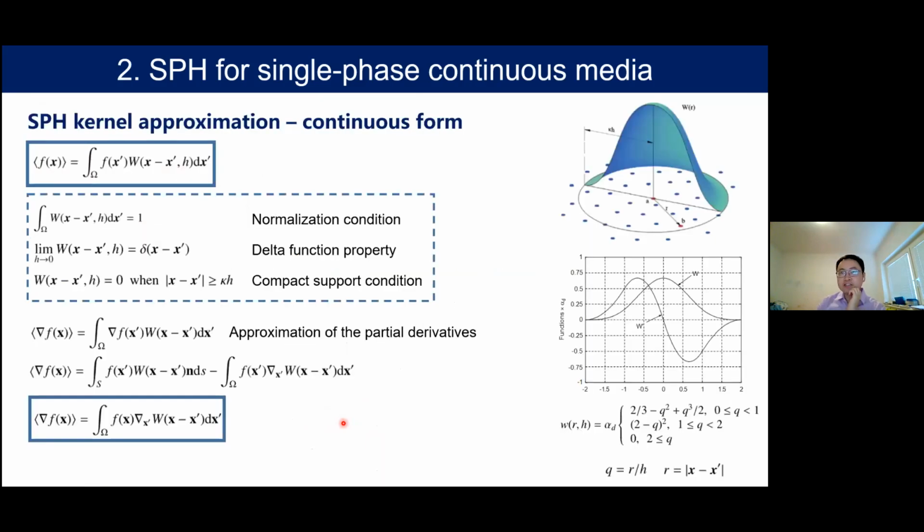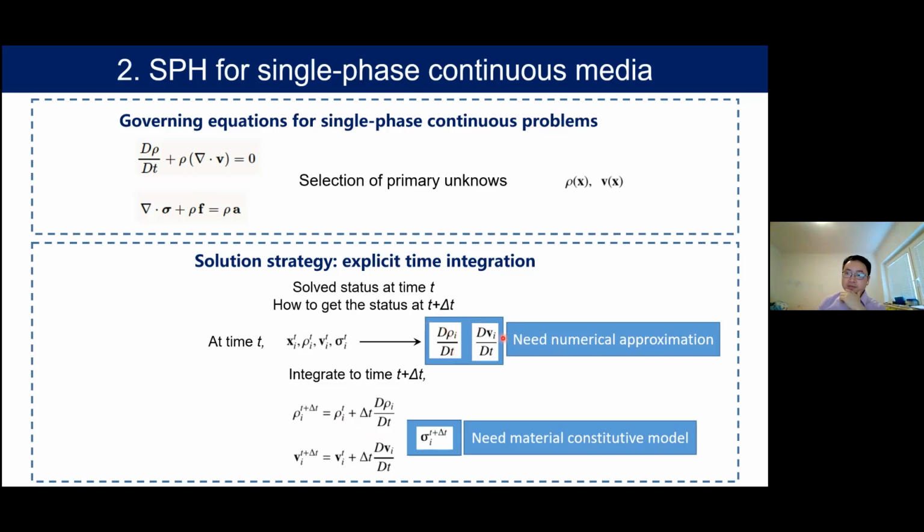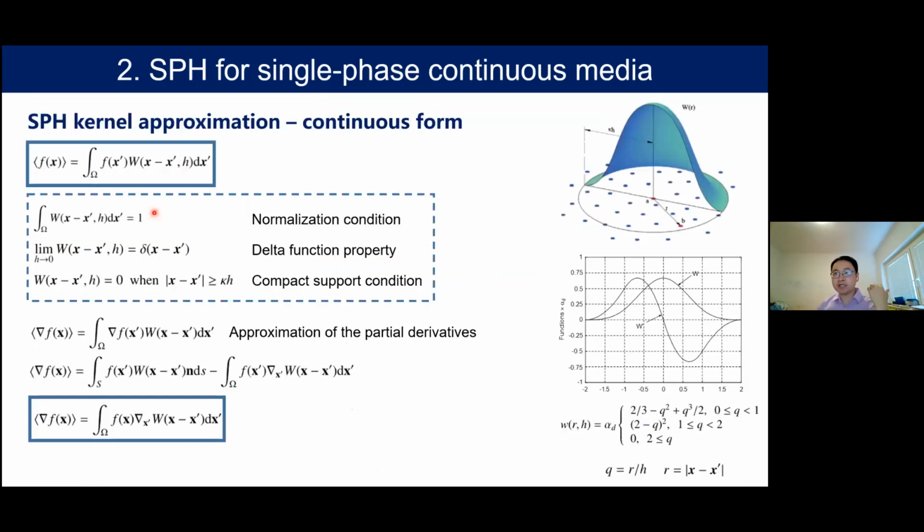So as I said, to compute the rate of change, we need to have some numerical approximation method to evaluate the partial derivatives in the governing equation. And in SPH, we use a meshless approximation method called SPH kernel approximation.